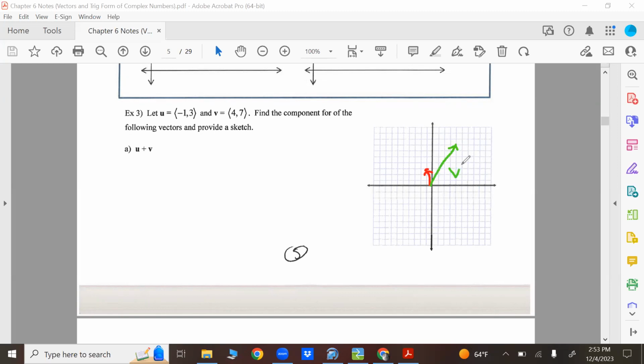Okay, so we got vector V. We got vector U. So how would you actually connect this? You could wind up doing something like this here. You could take vector V.